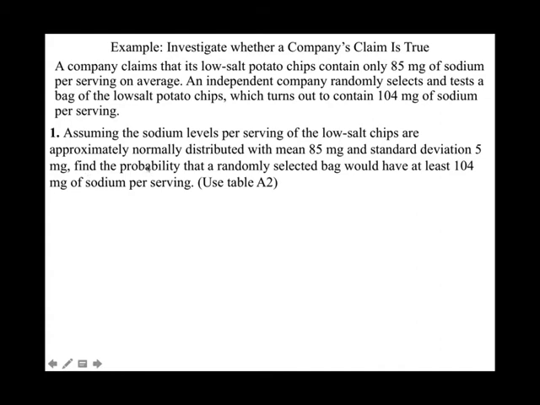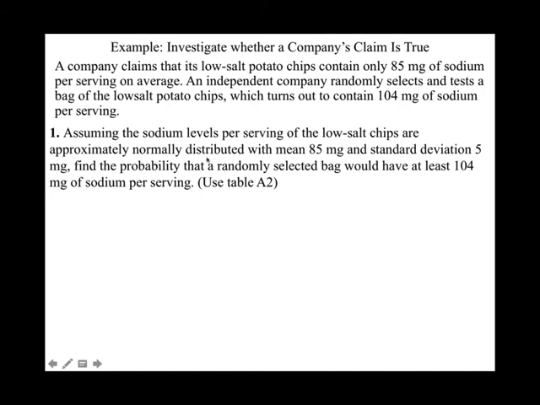So remember, find the probability. Remember in section 5.3, we said that if we are looking for the probability, it means we are looking for the area. So we want to find the area when the x is at least 104 mg. First, let's draw the picture.